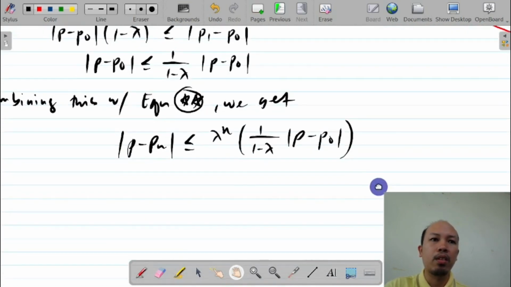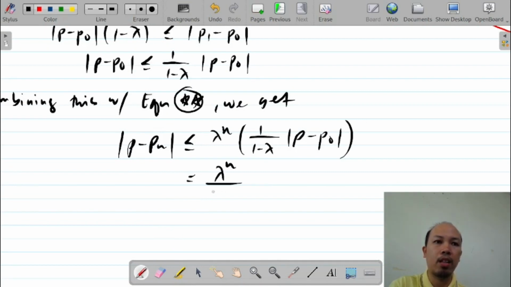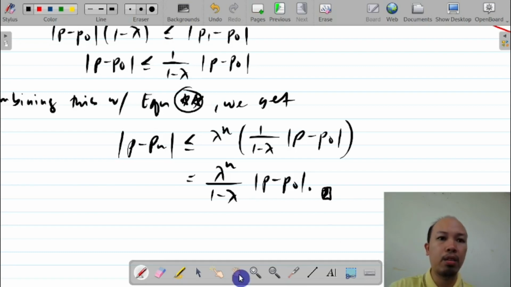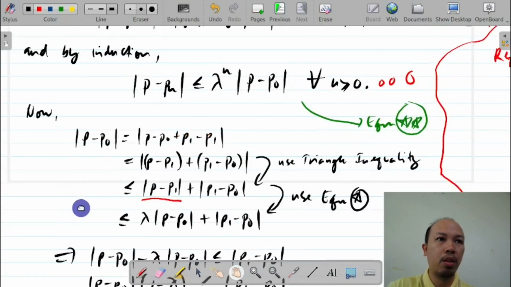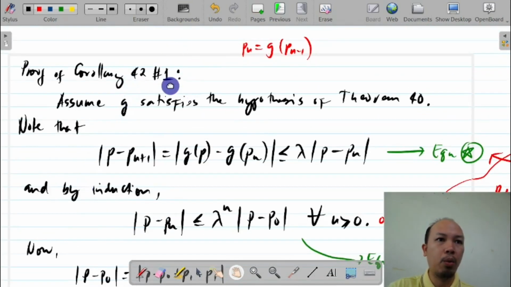So this implies that the right-hand side is lambda to the n over 1 − lambda times |p_1 − p_0|. Okay, so this completes the proof of corollary 4.2 number 1.